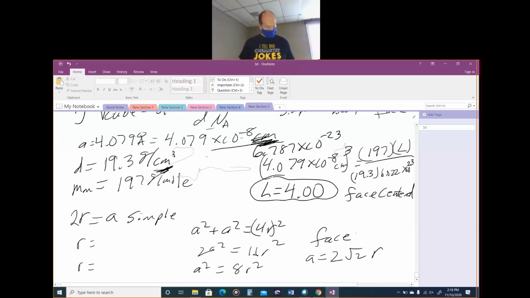All right, so in the second question, it says, what's the radius? Well, they give us the a value. It is 4.079, and that is equal to 2 times the square root of 2 times your radius.